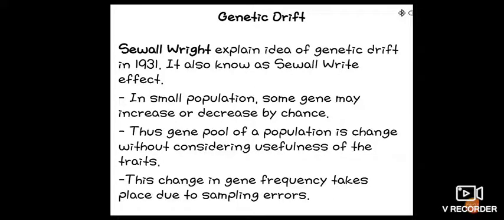Thus, the gene pool of a population is changed without considering the usefulness of the particular traits in the population. Such chance changes in gene frequency take place due to sampling error.